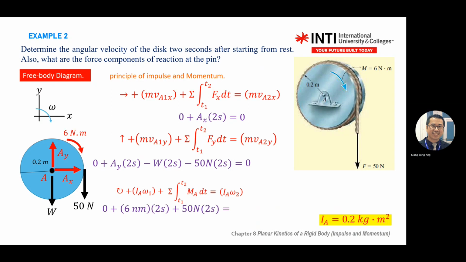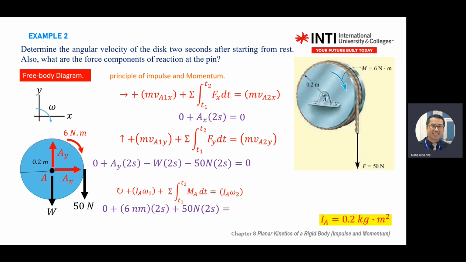Then the same, I omega 1 is 0. Before the start, it starts from rest, so no spinning. Then the moment at A is the sum of external moments about A, for 2 seconds.